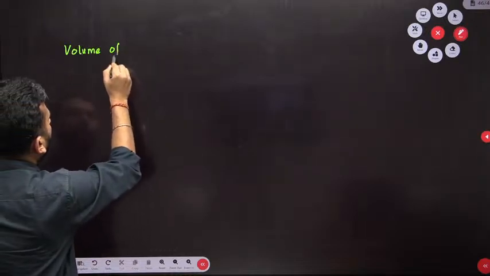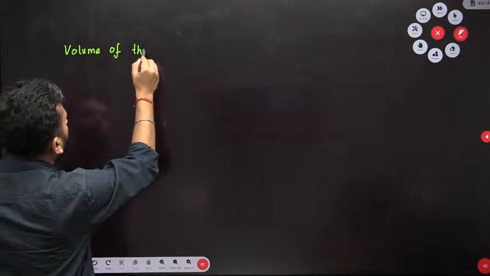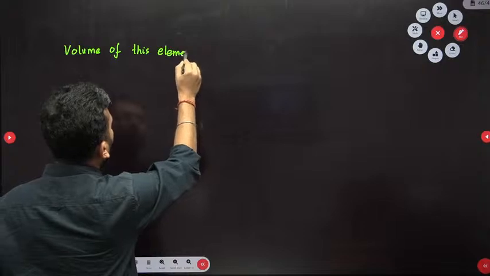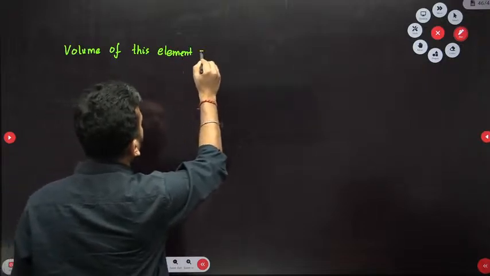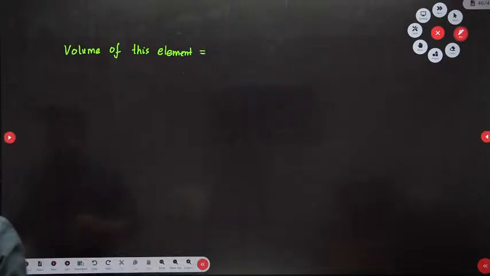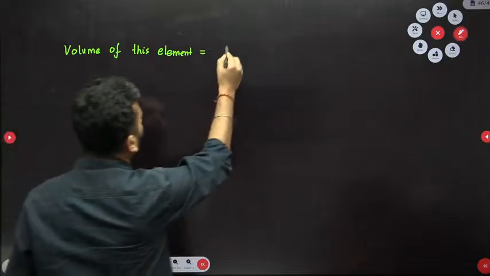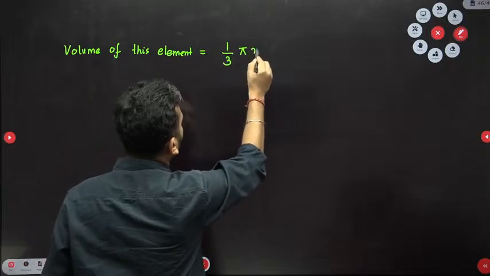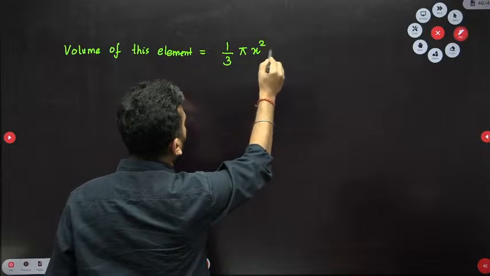For the cone it is 1 by 3 pi r square h.